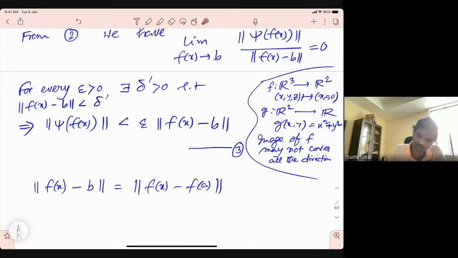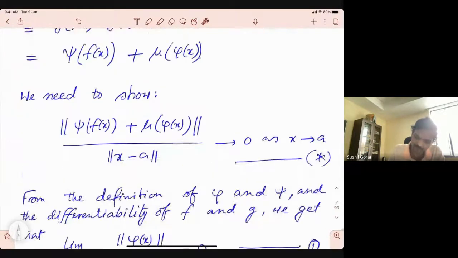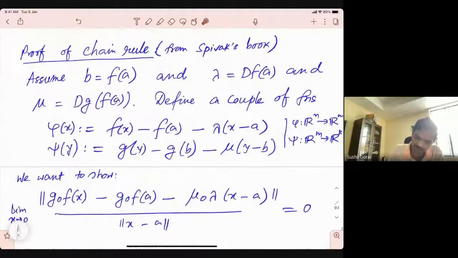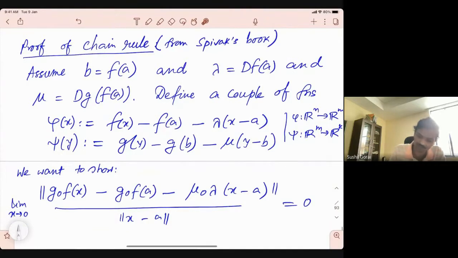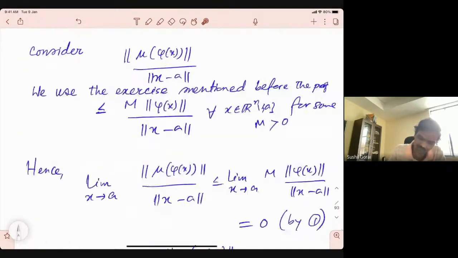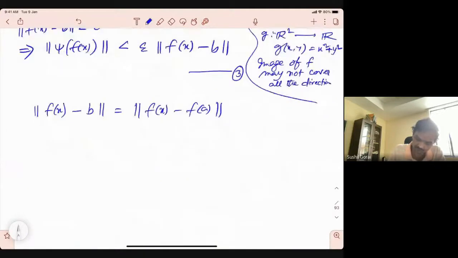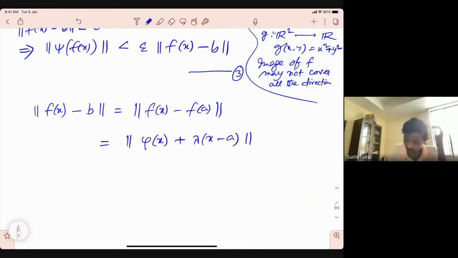Now let's go back to the function we defined. fx minus fa is equal to phi x plus lambda times x minus a. So this is norm of phi x plus lambda of x minus a.